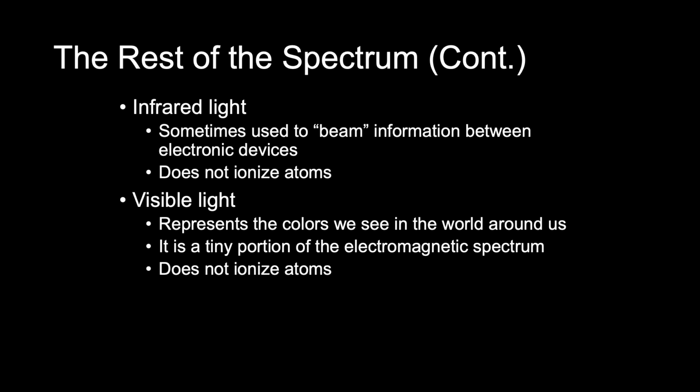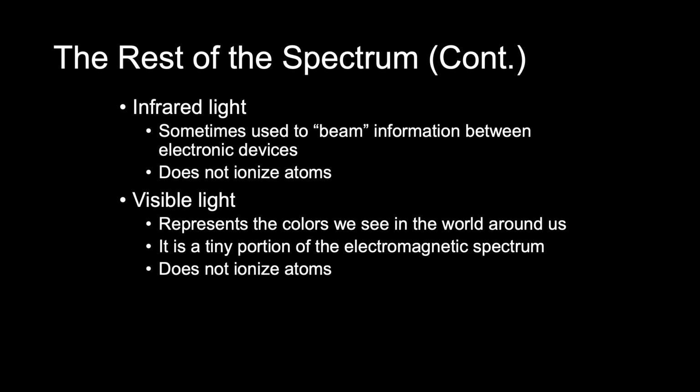Infrared light is a low-energy electromagnetic radiation just above microwaves on the spectrum. It is sometimes used to beam information between electronic devices. For example, the signal sent from the television remote to change channels or the volume or any kind of settings on the television is infrared light.